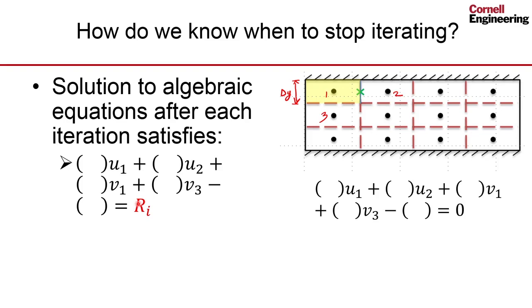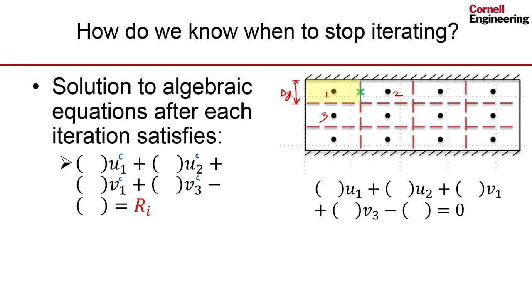It'll be equal to a non-zero value, which is an error. And to indicate that this is my current solution, I will annotate it. So that's my current solution for U2, current solution for V1 and V3, and they won't all add up to a zero mass imbalance.